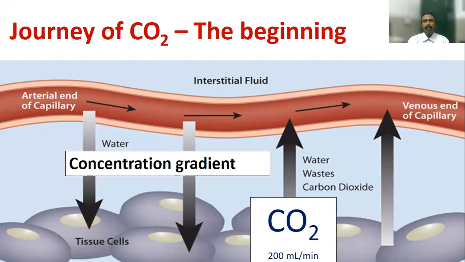About 200 ml every minute of carbon dioxide is produced in the body in the resting state. And this moves out of the tissues into the capillaries along its concentration gradient.